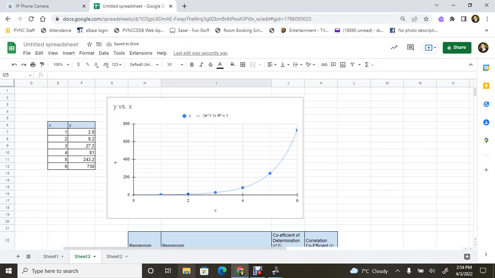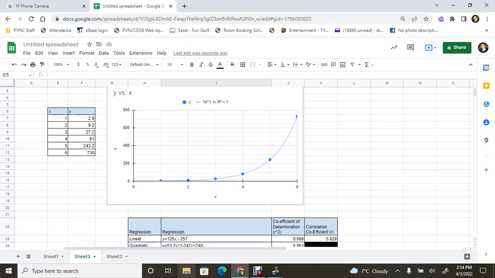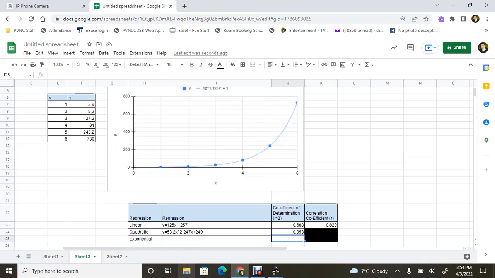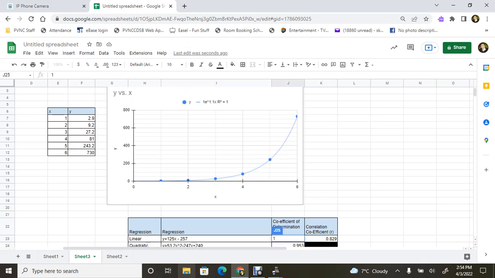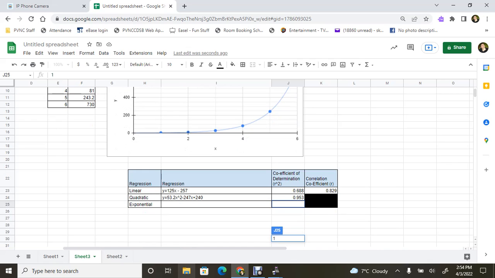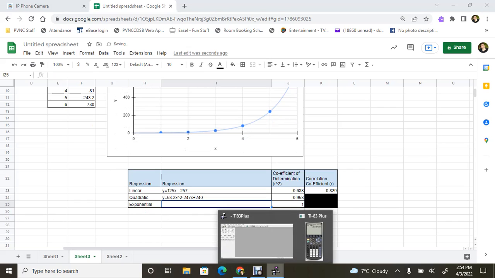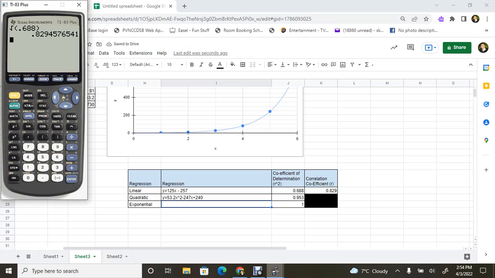Now look, it has that e, and I talked about that in video number 3. So in video 3, this is 1, and r squared is 1 here. That's e to the 1.1. So I'm going to use my calculator, e to the 1.1. See if this calculator has an e. Okay, it probably doesn't.